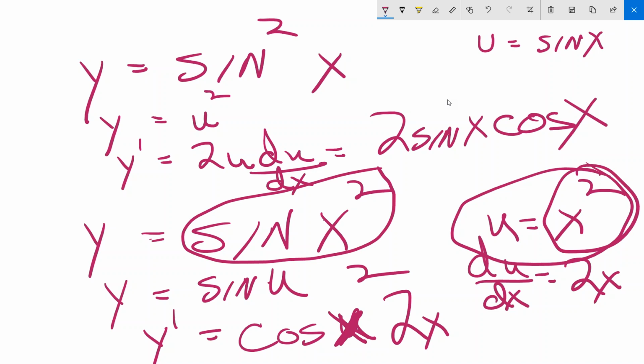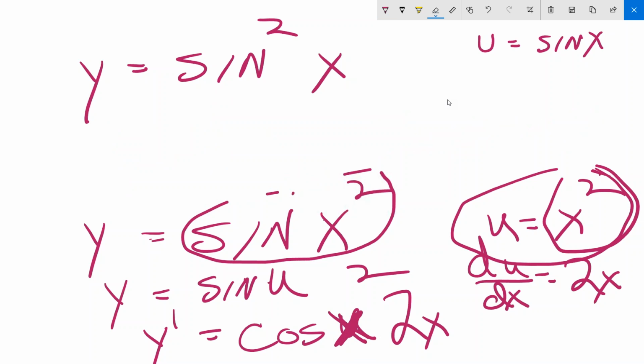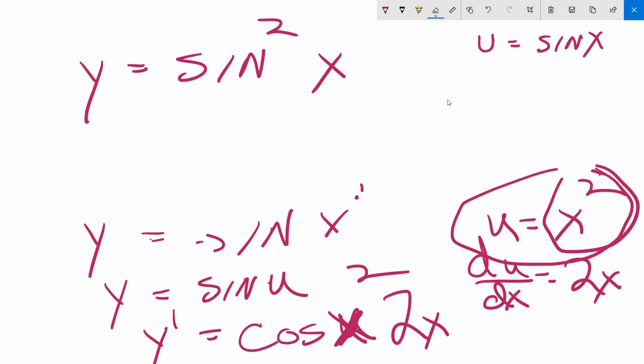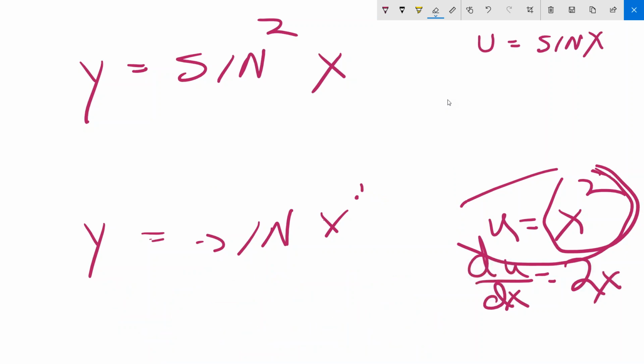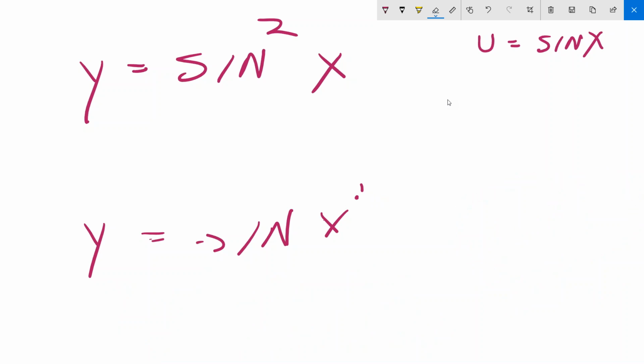Like I said, if you can understand the subtleties of these two problems, you're 90% there in terms of the chain rule. The differences between these two. Because everything is what is in the inside.